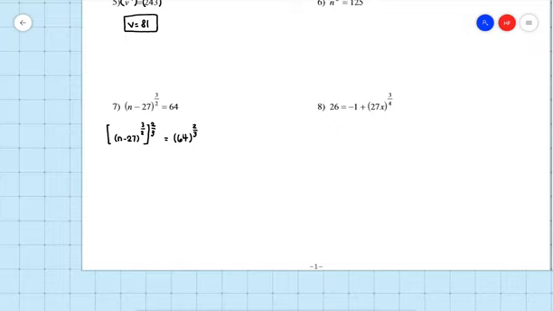So what happens there is I get these two to cancel. So I just have n minus 27 on the left, and then 64 to the 2/3 power is 16. So we have n minus 27 is equal to 16. And I want to solve for n, so I'll add 27. And I get n is equal to 16 plus 27, which is 43.